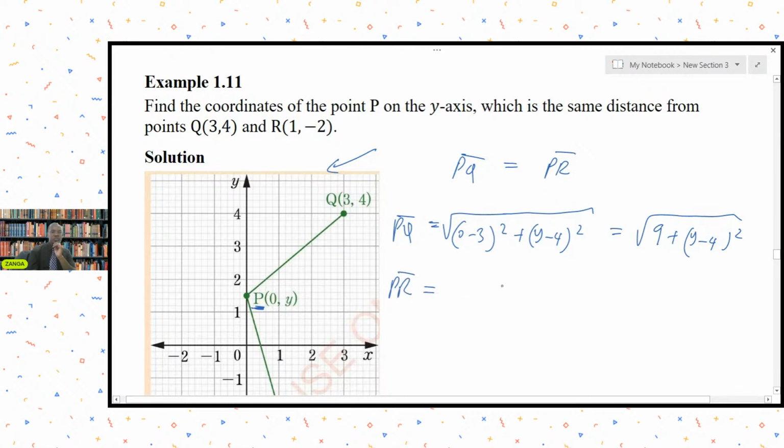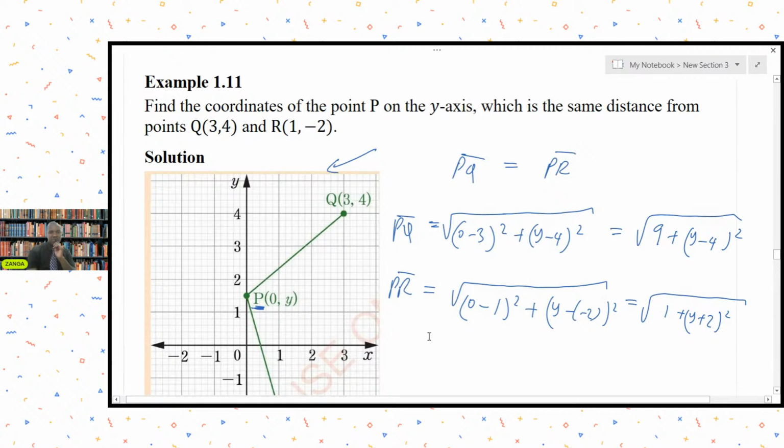PR, I'll be taking square root of 0 minus 1 square plus y minus negative 2 square. You simplify this further, you'll be getting actually square root of 1 plus y plus 2 square. So the next step, we are going to compare these two equations.